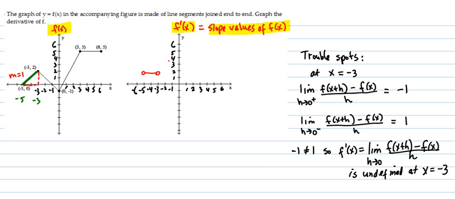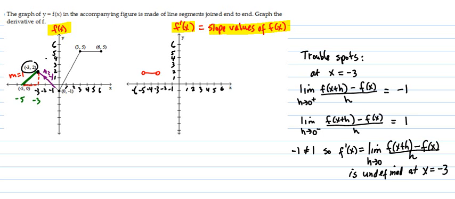That is because when you come toward -3 from the other direction this way, the slope is different there. The slope is actually -1 if you count the grids there. And at this point right here, -3, 2.